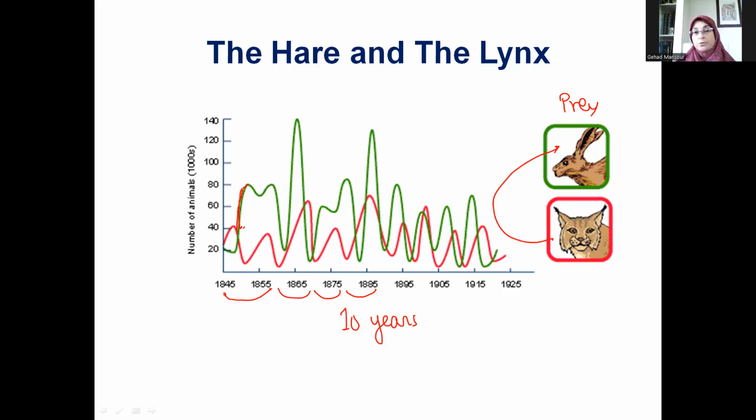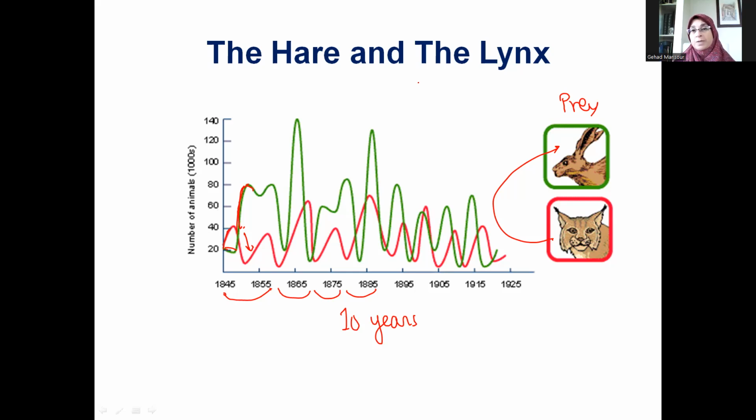Why are the hare increasing in number? Because the lynx is decreasing. And why did the lynx decrease? Because in a previous period, the number of the lynx were increasing just because they were feeding on the rabbits. So let's explain it in a simpler way.